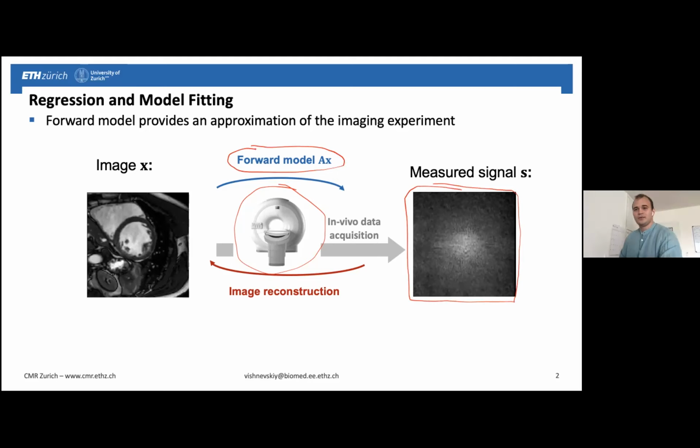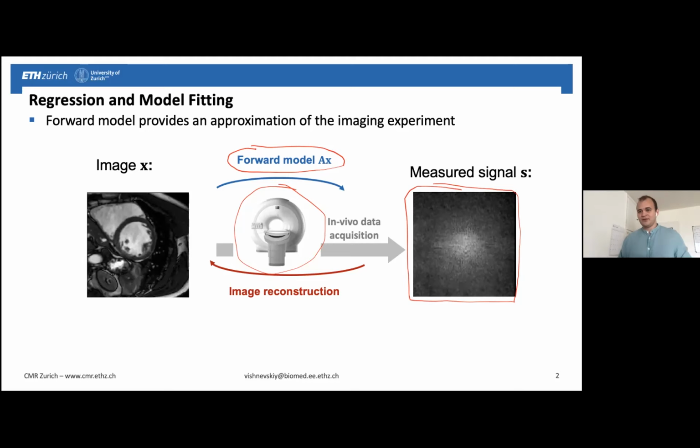And in overwhelmingly many cases in medical imaging, the base forward model is a linear model. Then, knowing this functional dependence between image and the acquired signal, given some noise information that we know about the acquisition, our aim is to reconstruct the image from the measured signal. So to revert the process of the encoding of the signal.